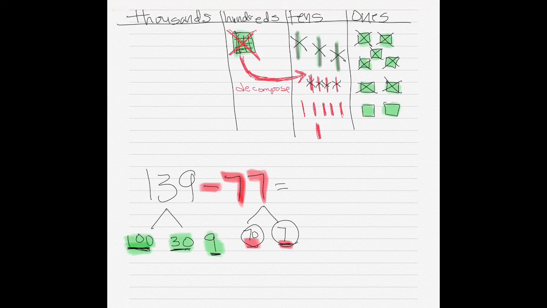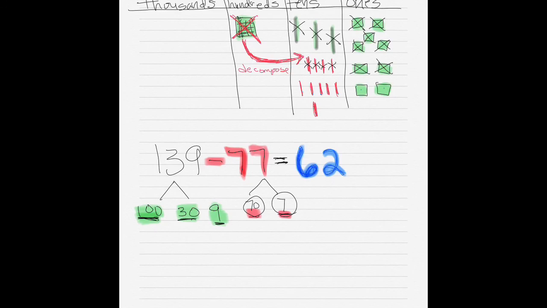I am left with 2 ones. 62 is the difference between 139 minus 77.